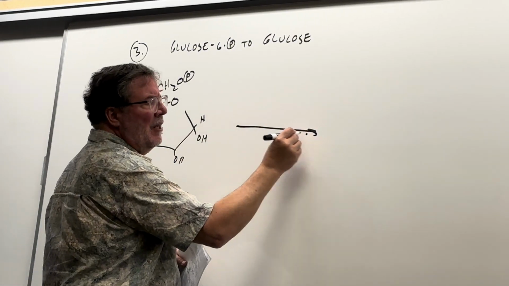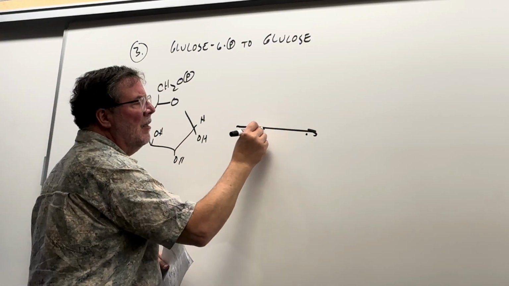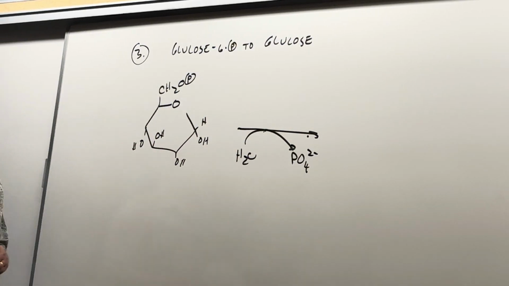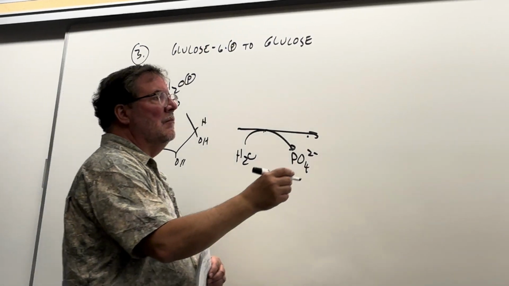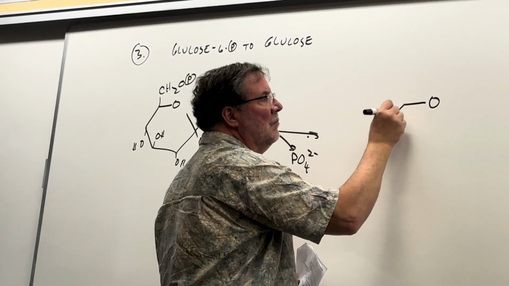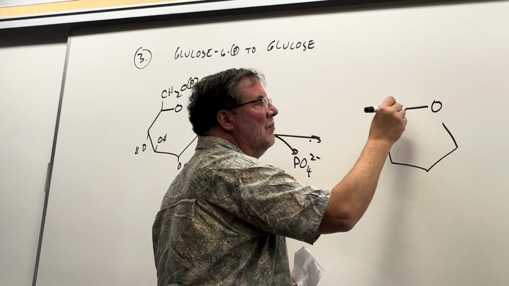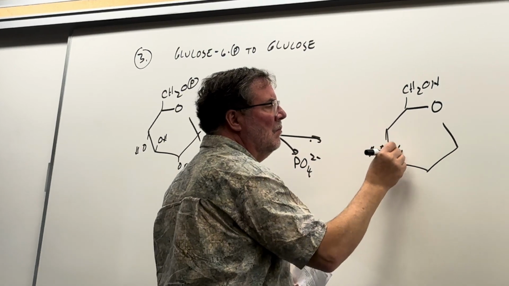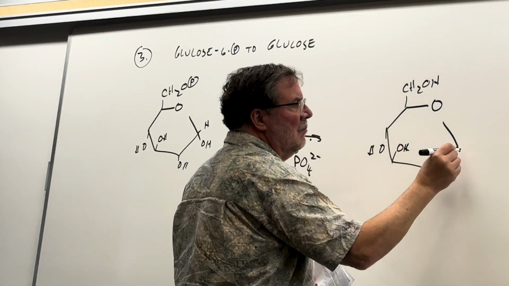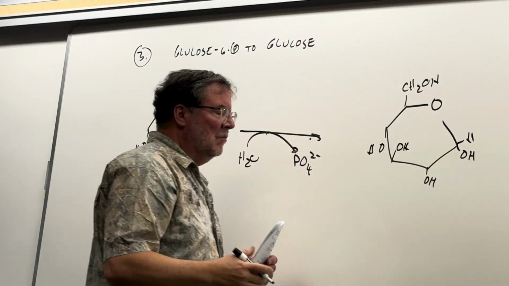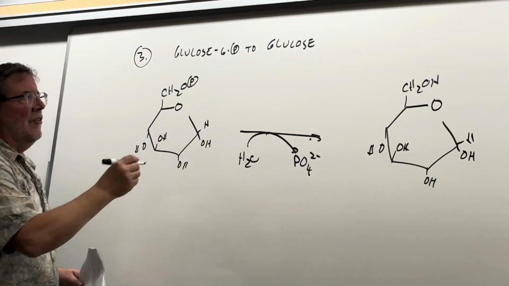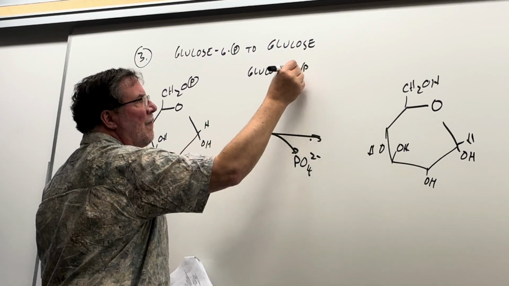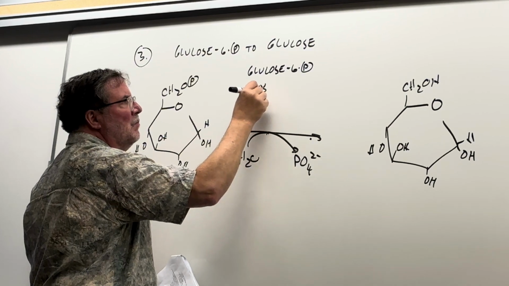We're going to do a very similar kind of reaction where we're just going to take water, hydrolyze off the phosphate, and remake glucose. And this enzyme name is glucose 6-phosphatase.